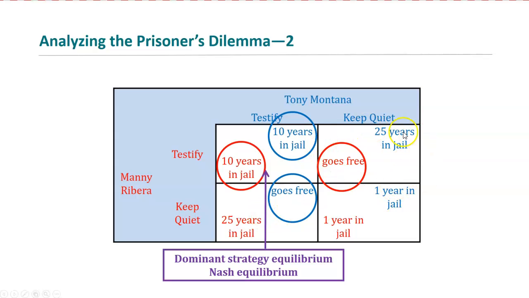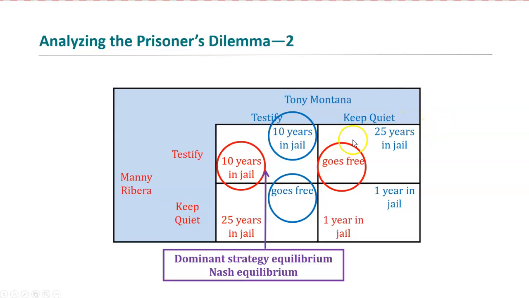So if we were here, if Tony keeps quiet and Manny testifies, who has a regret? Tony does, right? Tony wishes he had testified because now that he knows what Manny did, now that all the cards are on the table, he's upset because Manny has testified and he wishes he had testified as well, so that he would have 10 years in jail as opposed to 25.